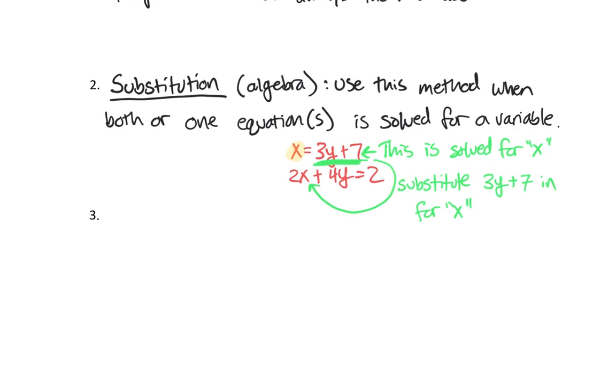And thirdly, the third one that we're going to employ is what we refer to as elimination. Substitution and elimination both use algebra. Elimination is another one that you might have seen before, just like substitution. So what is elimination, or when would we use that?